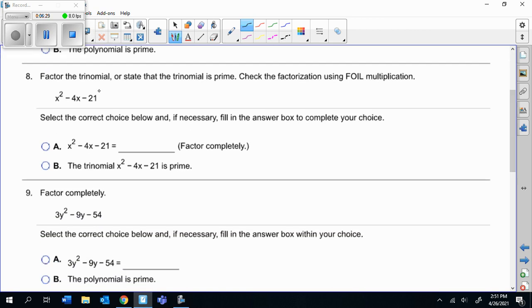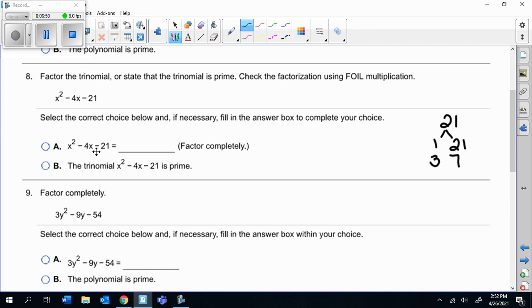Number 8, I need to multiply to a negative 21. So 21 is 1 times 21, and it is also 3 times 7. It needs to add up to a negative 4.